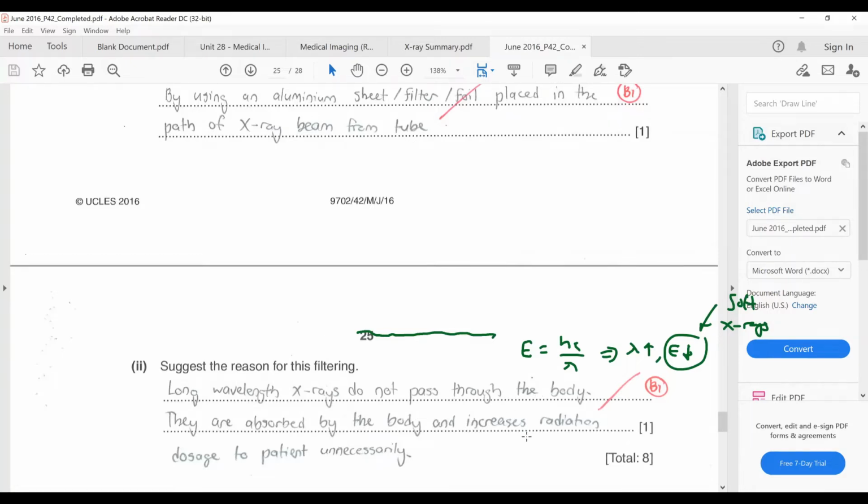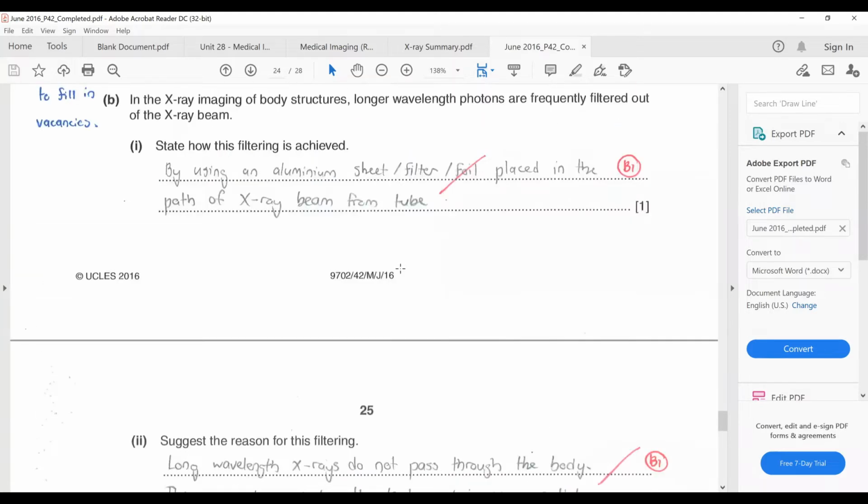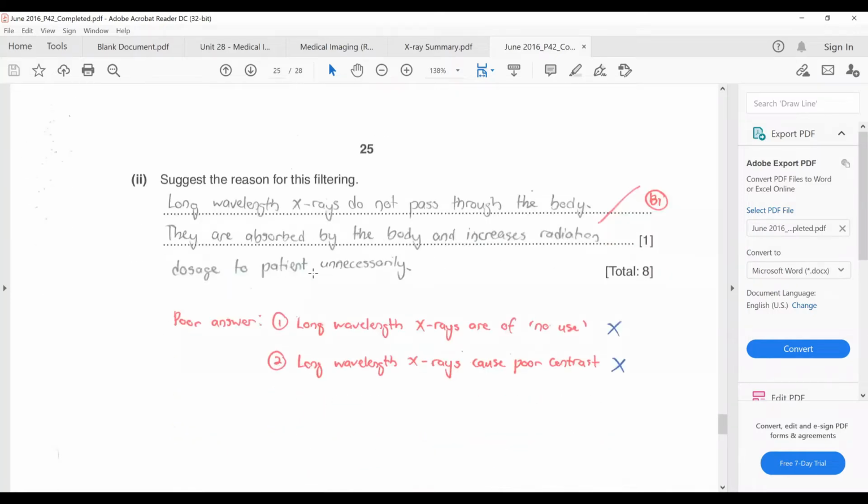They are absorbed by the body and increase radiation dosage to the patient unnecessarily. Okay, hence that's the reason why you wanted to filter it off in the first place. All right. Okay, so this one is this.